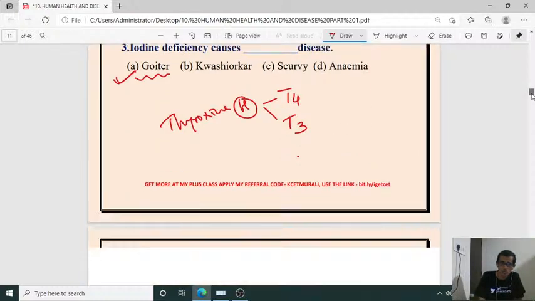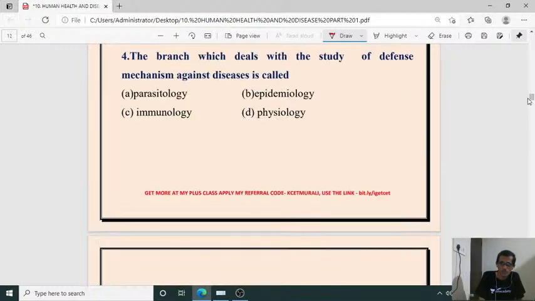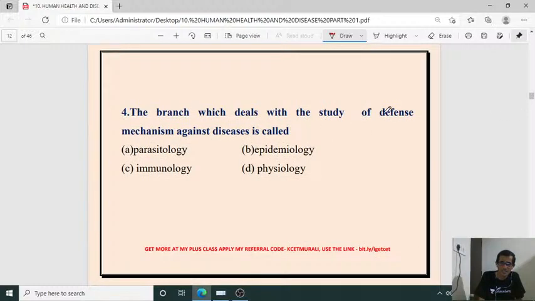And next, question number 4. The branch which deals with the study of defense mechanism against disease is called what? The branch of biology that deals with the study of defense mechanism against diseases is called immunology.